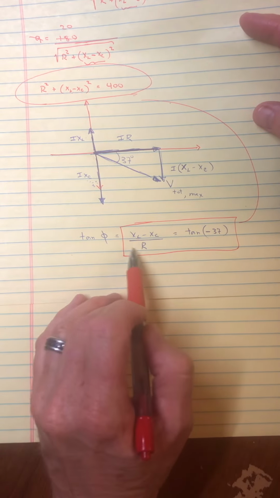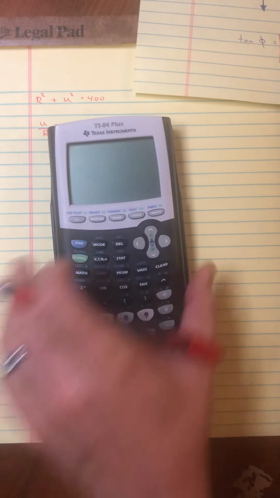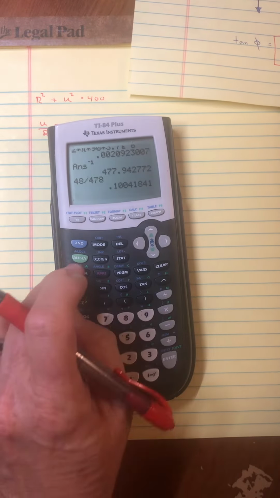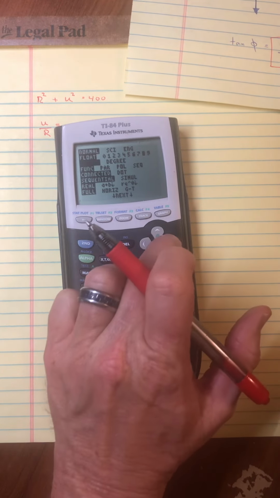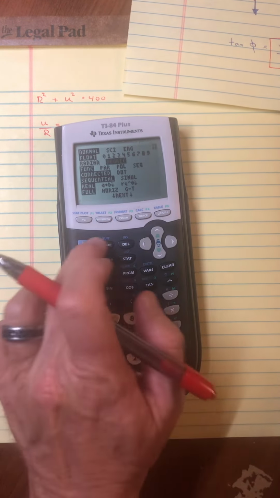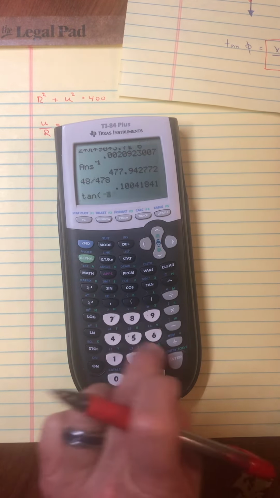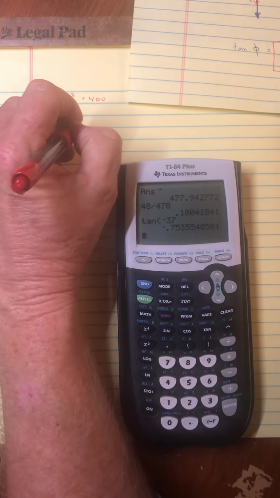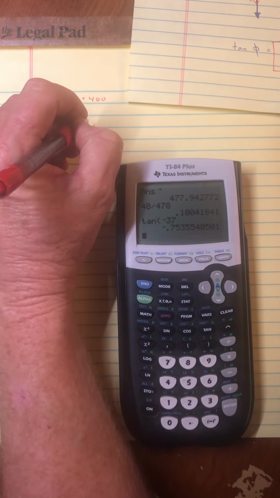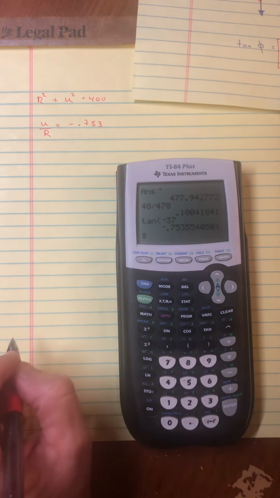So U over an R is equal to the tangent. Let me just get a number here. But I believe I'm still in radians from the last problem. Yeah, so got to be a little careful here. Go back to degrees. Okay. And so this is the tangent of a negative 37 degrees. And so that is a negative 0.573. Okay.